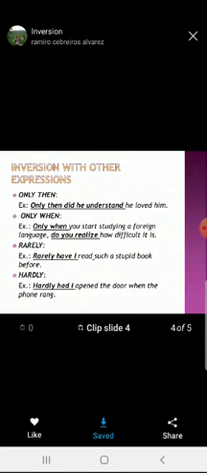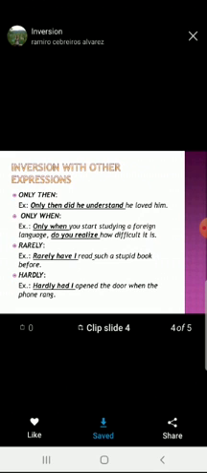Next, inversion with other expression. Only then. Only then did he understand. Jadi normal structure-nya tuh he understood, tapi karena ada only then, jadi only then did he understand. Okay. Then kemudian ada rarely, juga sama, rarely have I read, bukan rarely I have read.